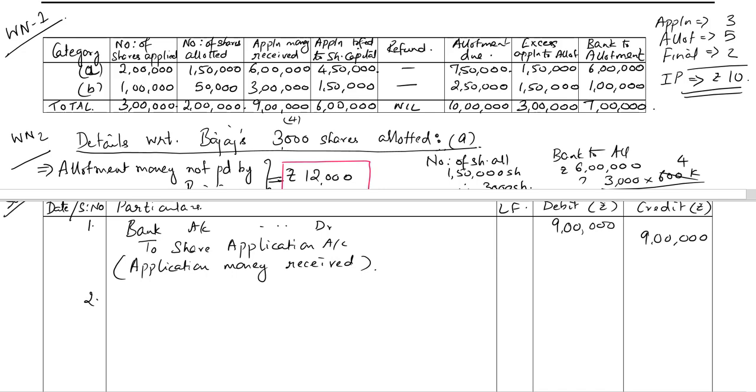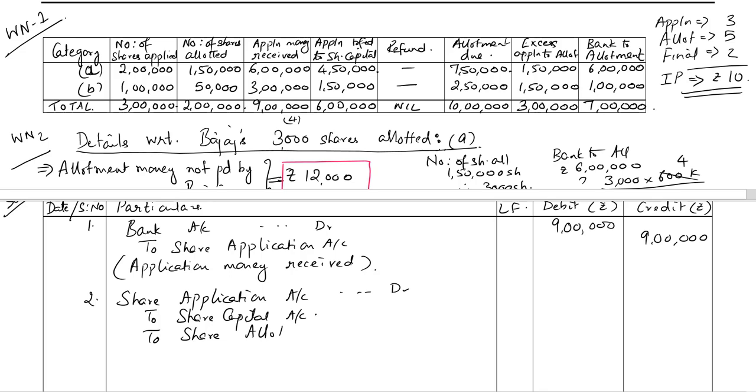The second entry is for the utilization of the share application money: share application account debit, to share capital account, to share allotment account, for application money utilized.